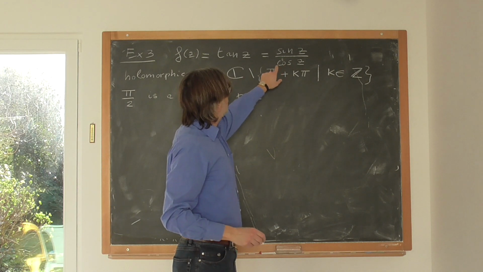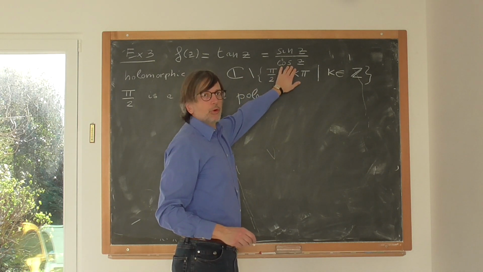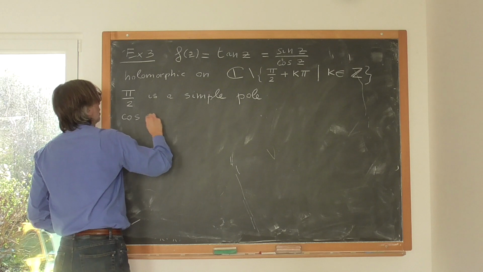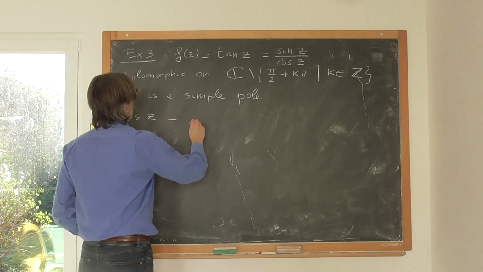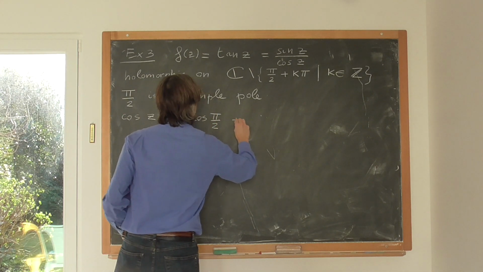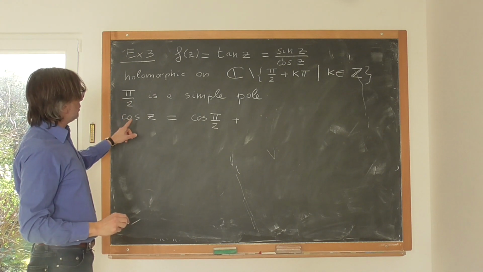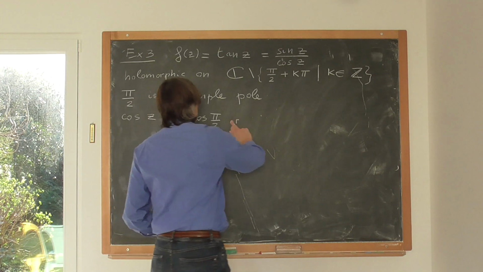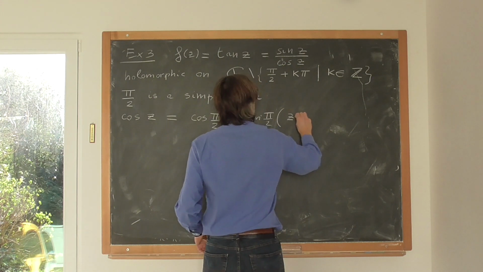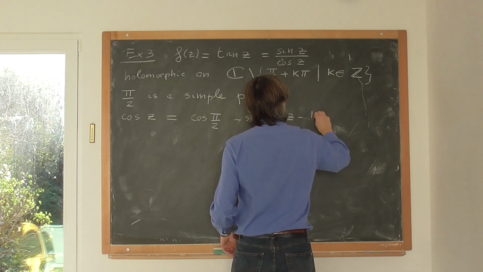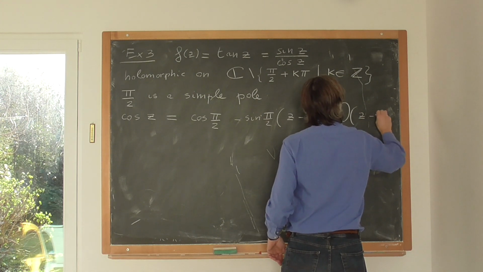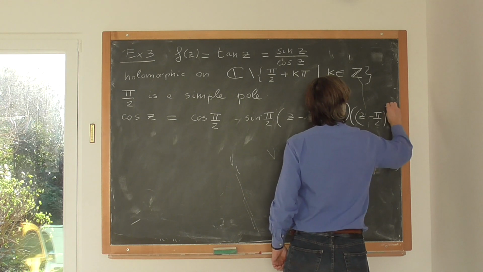We can just write the Taylor expansion for cosine at pi half, and we obtain cosine of z is cosine of pi half, plus the derivative of cosine, which is minus sine, so minus sine of pi half times (z minus pi half), plus big O of (z minus pi half) squared.